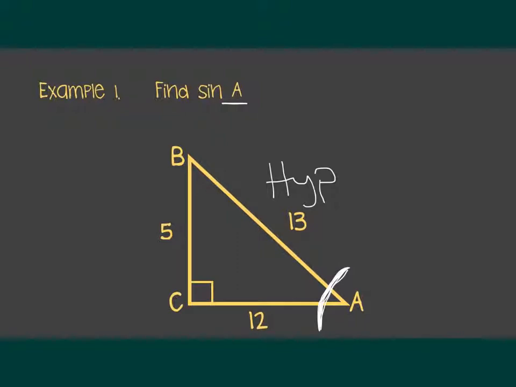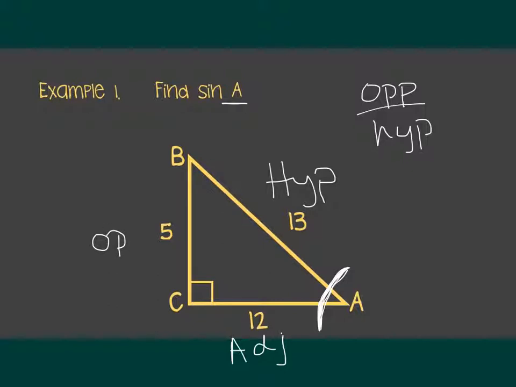So now that I'm working with angle A, I know that sine is opposite over hypotenuse. I need to label my other sides. Remember, the adjacent is right next to the angle. The opposite is across the triangle from that angle.